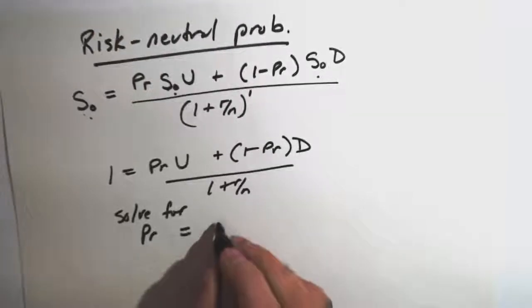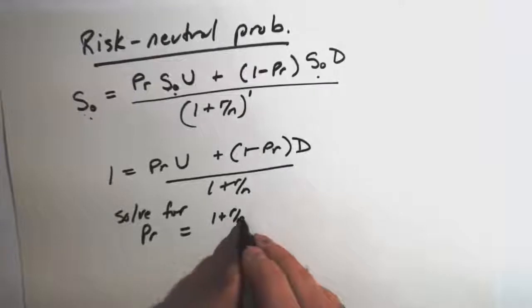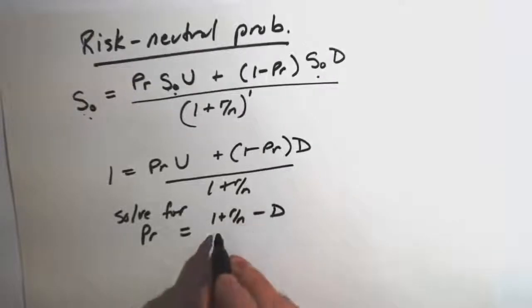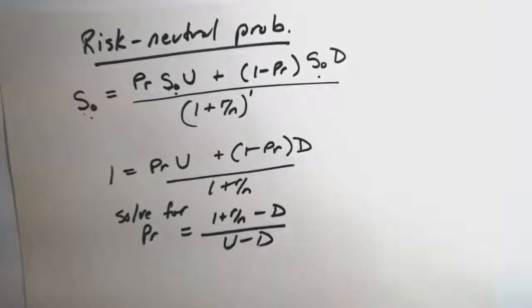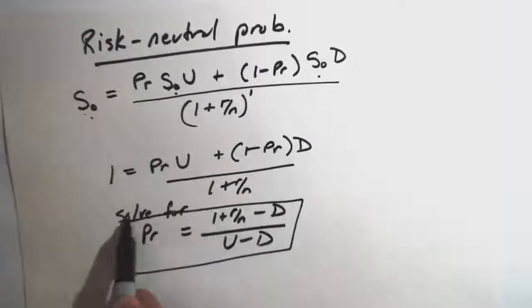And PR equals 1 plus R to the N, the risk-free rate, minus the down, divided by U minus the down movement. Okay, so that is the risk-neutral probability.